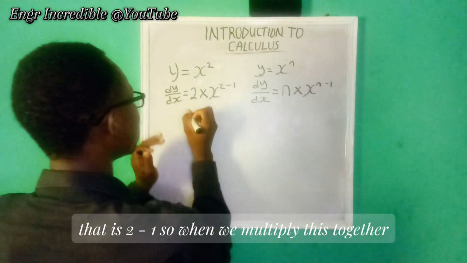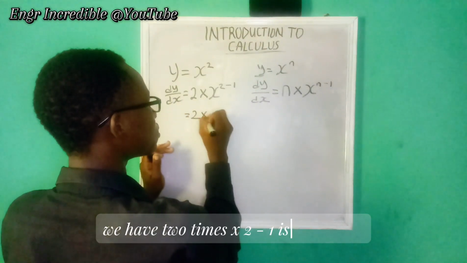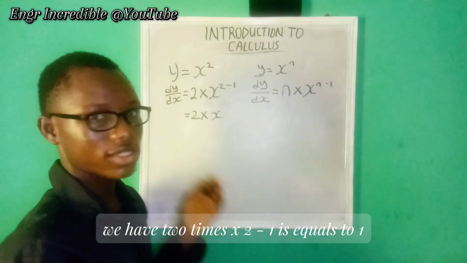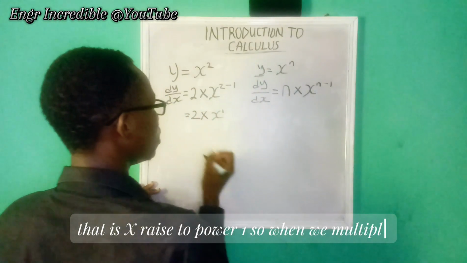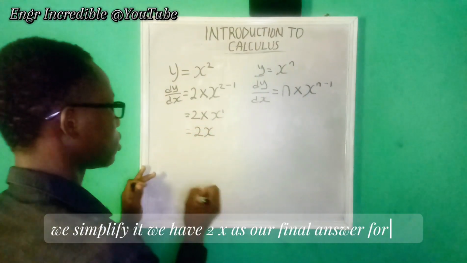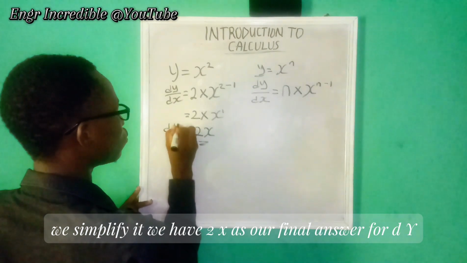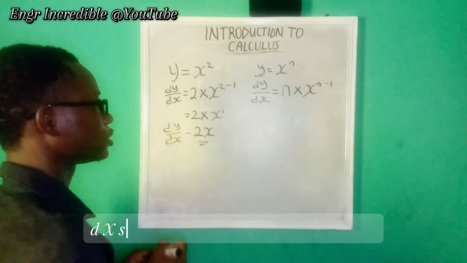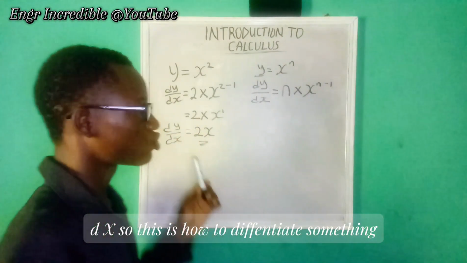So when we multiply this together, we have 2 times x, 2 minus 1 is equals to 1, that is x is power 1. So when we simplify it, we have 2x as our final answer for dy dx. So this is how to differentiate something.